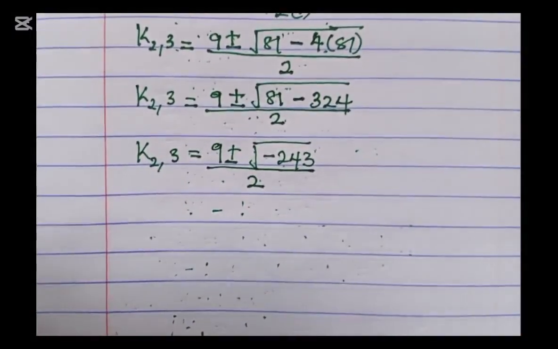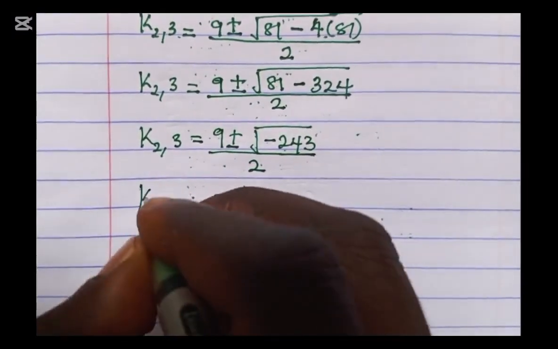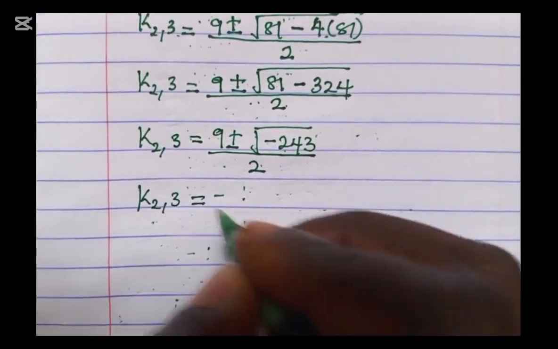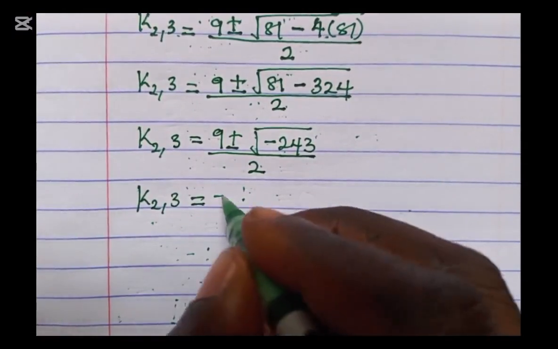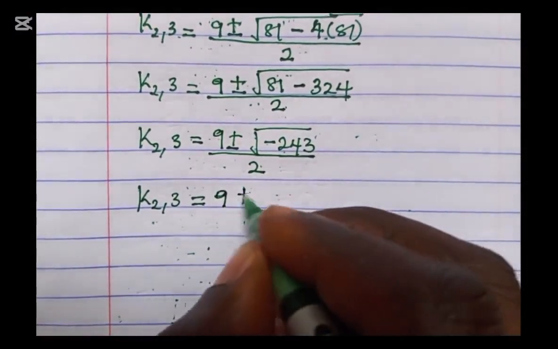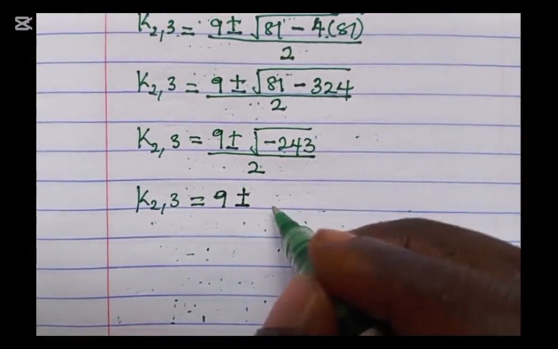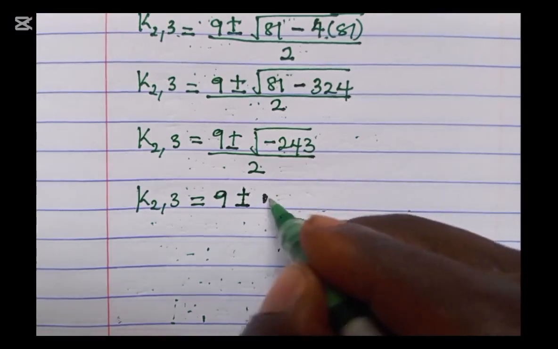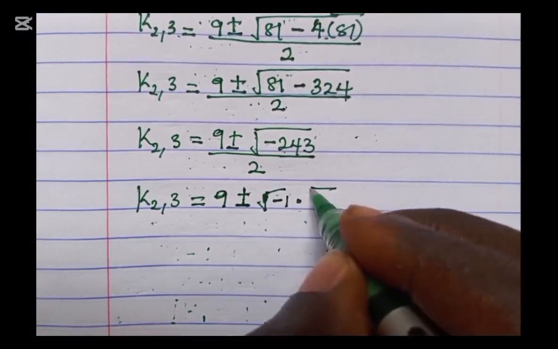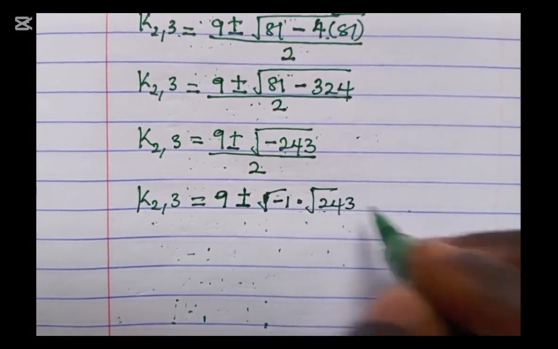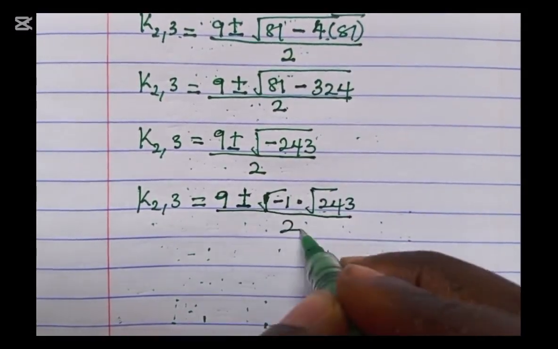So from here, we can have our k2, 3 equal to 9 plus or minus. We can have this as minus 1 times 243 divided by 2.